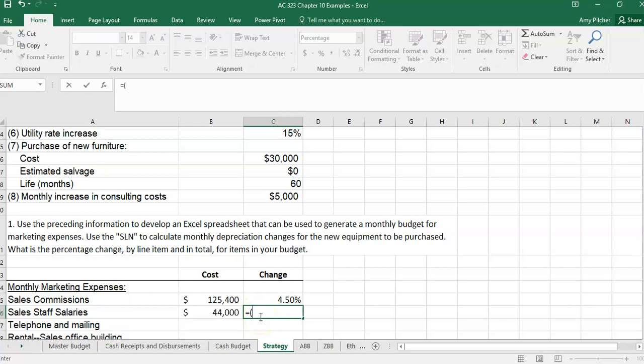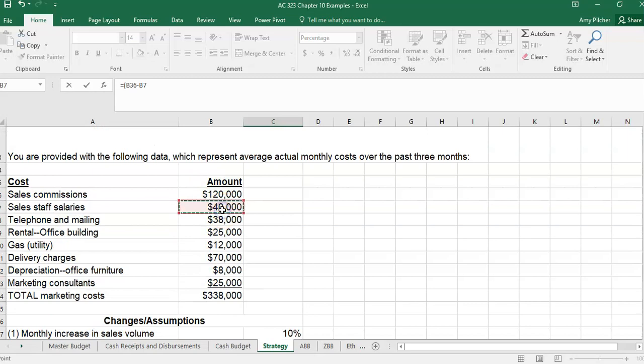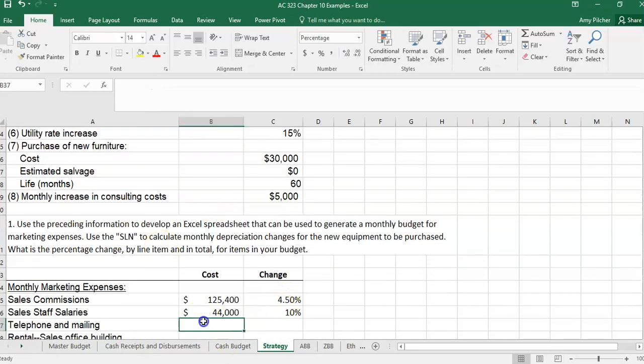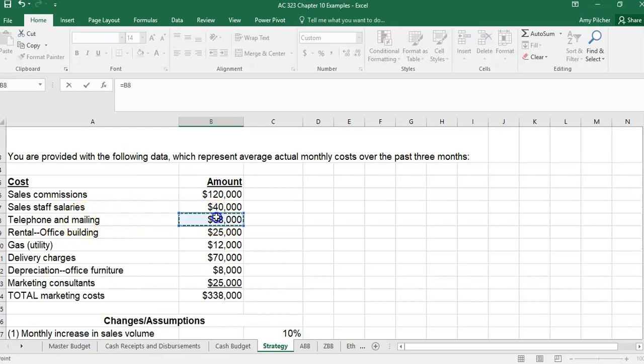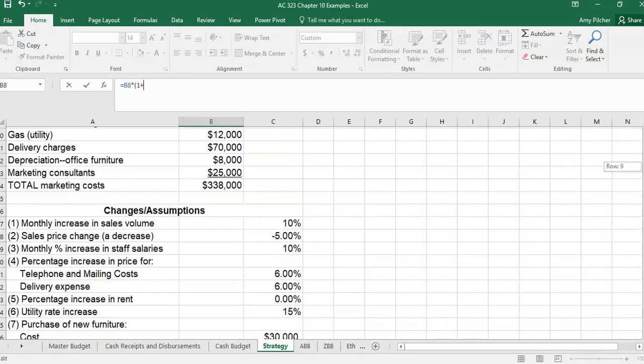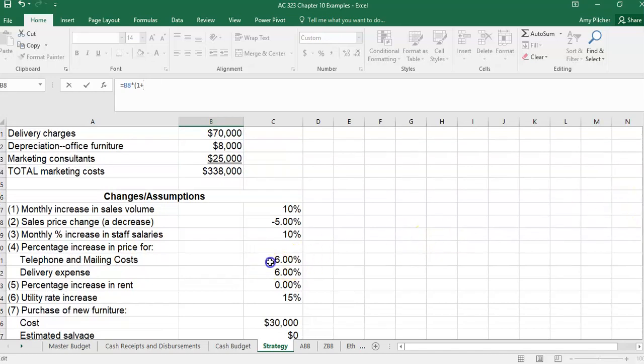So then our change is our cost minus our original cost divided by the original cost. Telephone and mailing is a cost of $38,000, and we have an increase of 6%.